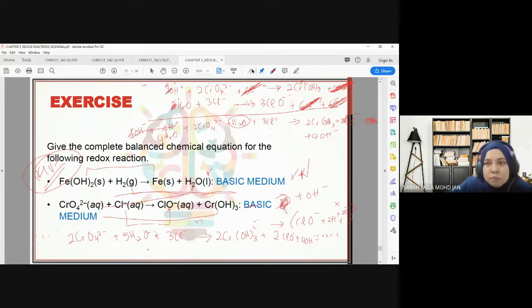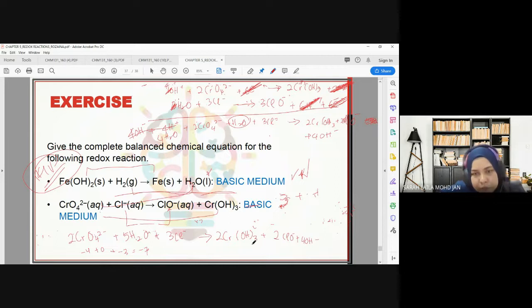Okay. Double check the answer. Is it correct or not? Okay, macam mana nak double check? Kira charge, kiri dan kanan. Alright. So, ini 2 darab negatif 2, negatif 4 tambah kosong tambah negatif 3. 4 tolak 3, negatif 7.